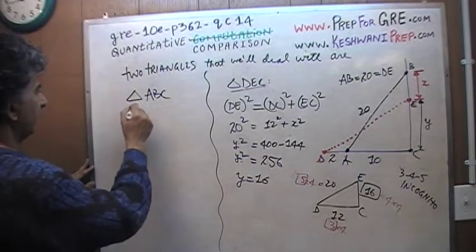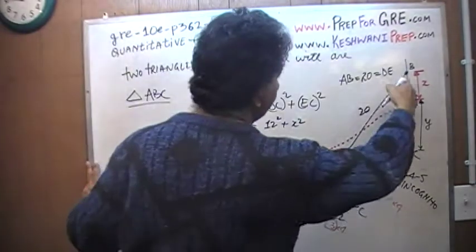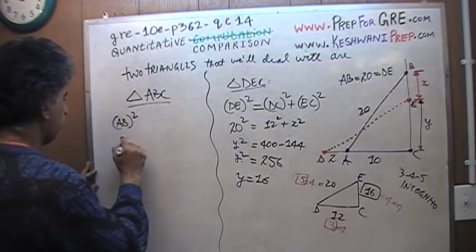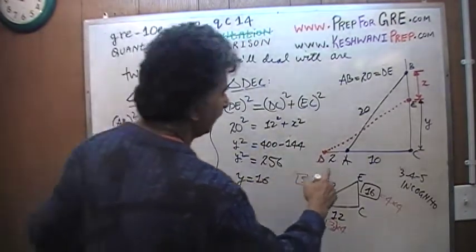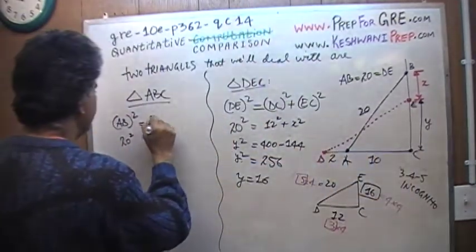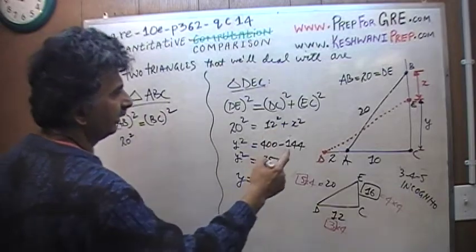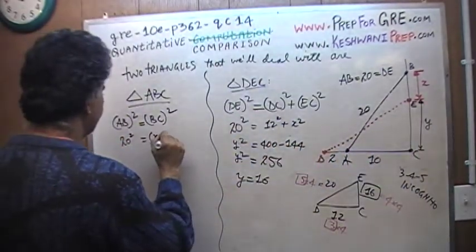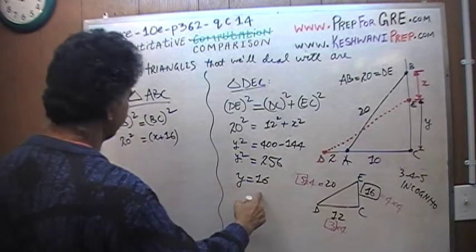So now in this triangle ABC, A to B is 20. B to C squared is x plus y, which we now know is 16 from here.